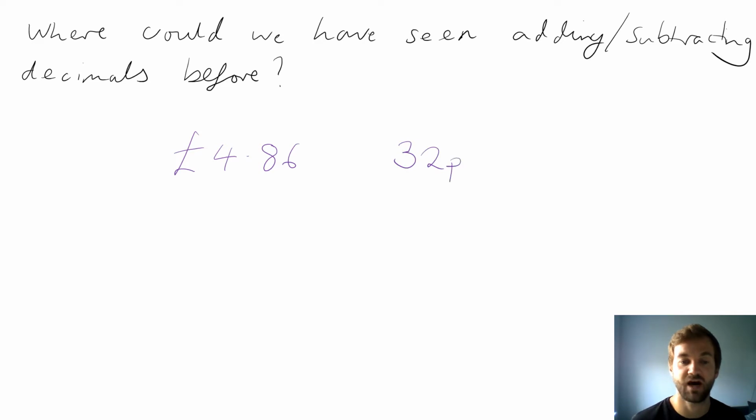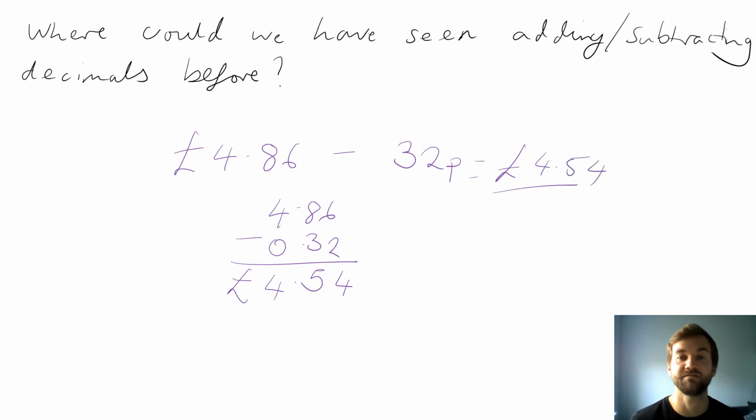How much money have I got afterwards? Well, I'm taking that away because I'm spending it. £4.86, take away 32 pence. Again, technically no pounds in the 32 pence. 6 take away 2 is 4. 8 take away 3 is 5. 4 take away 0 is 4. So I've got £4.54 left at the end.